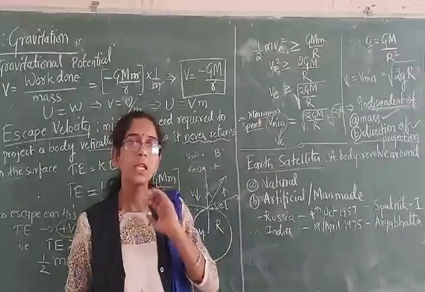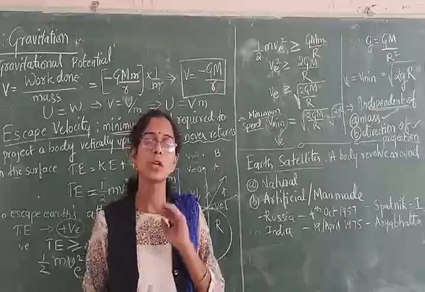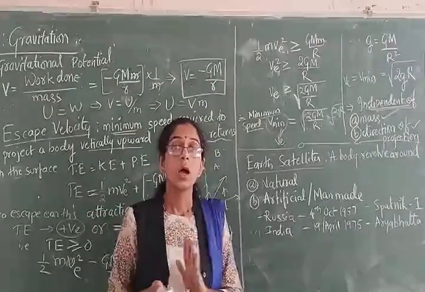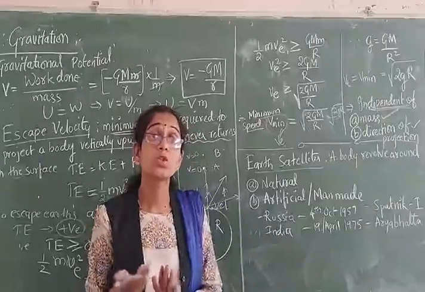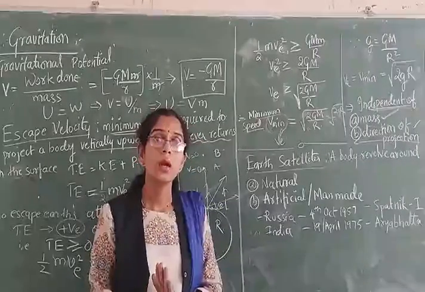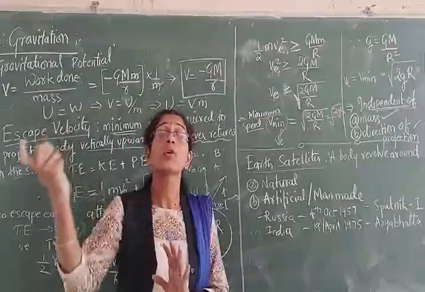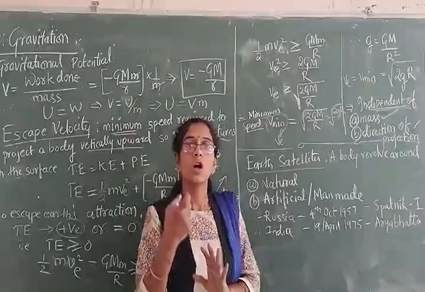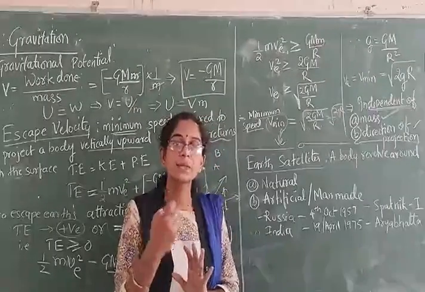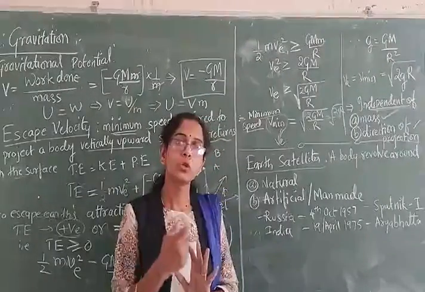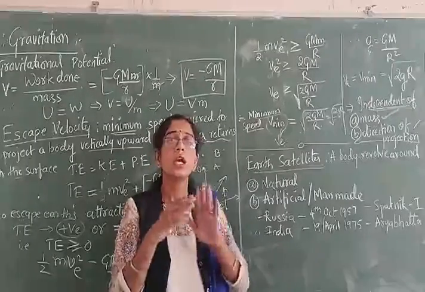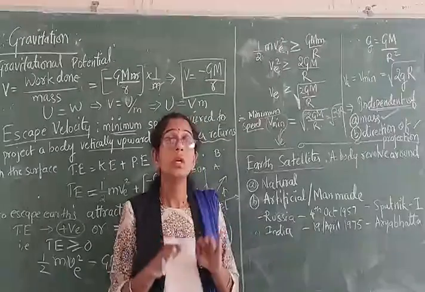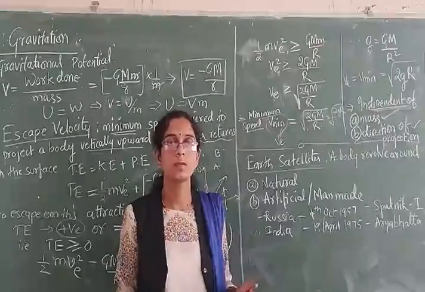Means if any particle on the surface moves with that speed, or just above that speed, then automatically it will go out of the pull of that object. If an object on the surface of the moon has a speed equal to or greater than 2.3 km per second, it won't be retained on the surface of the moon. Therefore, the moon doesn't have any atmosphere.